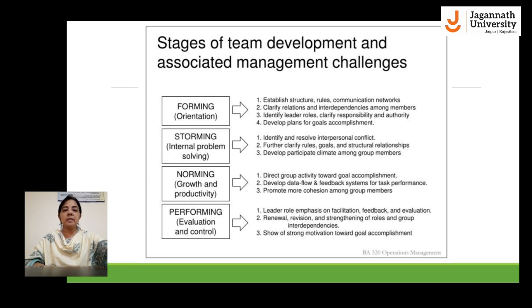And in the performing stage, the leader's role emphasizes facilitation, feedback and evaluation, and there is a show of strong motivation towards goal accomplishment. So these are the different challenges associated with all the stages of group development and objective accomplishment.